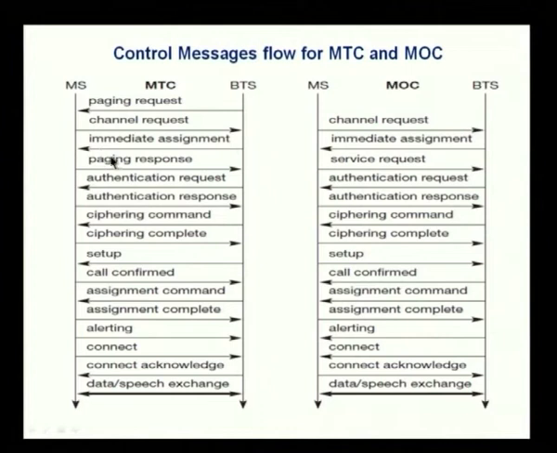So, the paging response will be given back to the BTS and the authentication and the encryption are ensured in the subsequent steps. After authentication and the encryption mode is over, the setup will ensure that the call is confirmed. So, the assignment command is the one used to assign the channel. So, the alerting message will be given and at last the mobile station will be connected with the BTS. Once the channel is established, the data or speech can be exchanged.